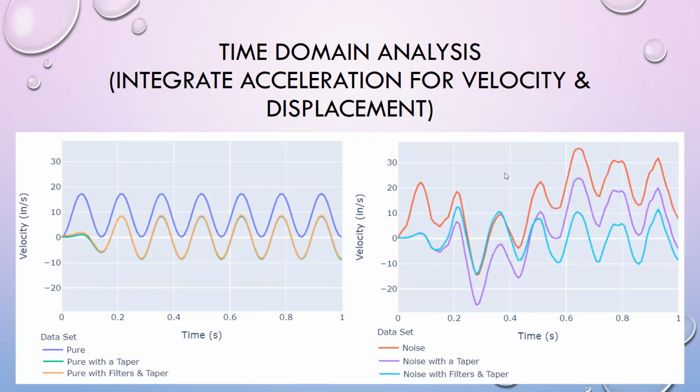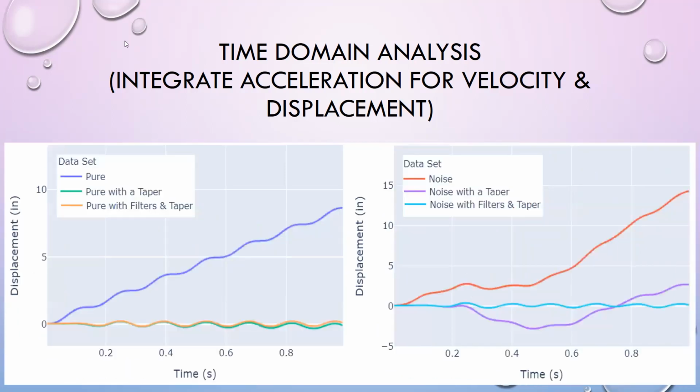For the displacement, again for the signal without noise, when we directly calculate the displacement from the acceleration, you can see that the results are not correct. But when we use the taper, or the taper and filter together, the results are correct.